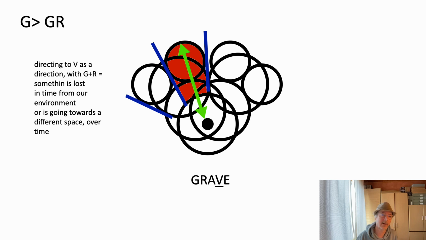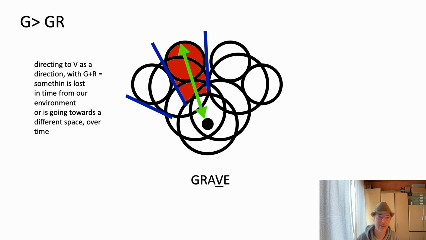So how do we translate that now to some of the words? We had the word grave. How do you translate that to the word grave? With a V, it really has a strong direction towards the same aspect. And with a grave, we know that something indeed is lost in time, and from our environment, it's also going towards a different space and over time.